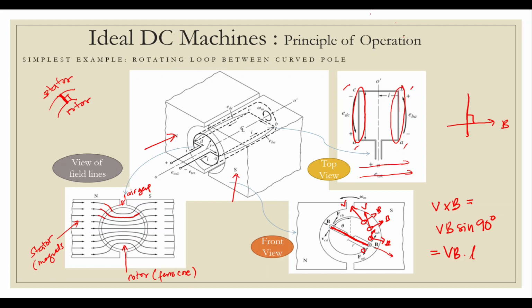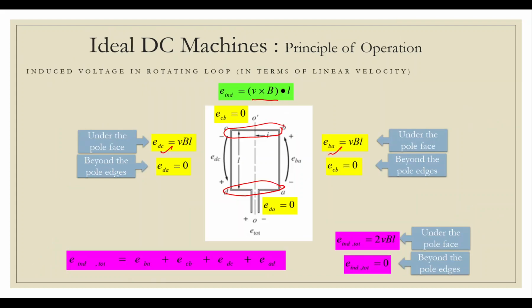Therefore we will have V cross B sine 0, because parallel means 0 degrees between each other, so AD and BC equal 0. So when we add up all of them, you will get 2VBL.